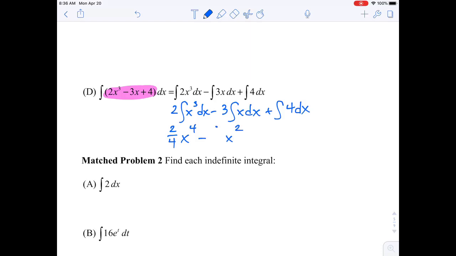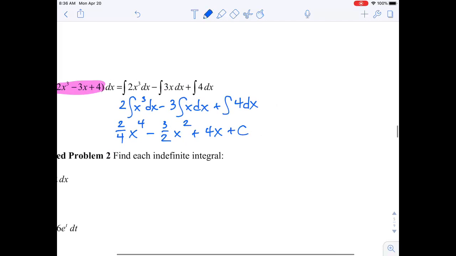Add 1, divide by that, and then our plus c, and then maybe just simplify that by saying 1/2 x to the fourth minus 3/2 x squared plus 4x plus c.